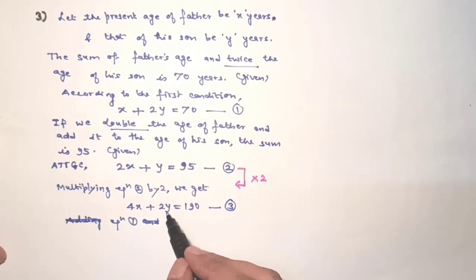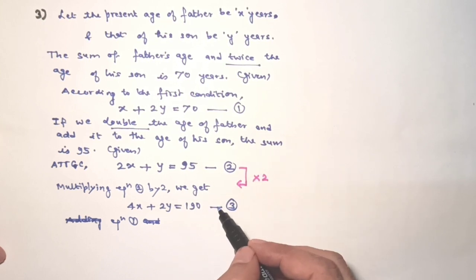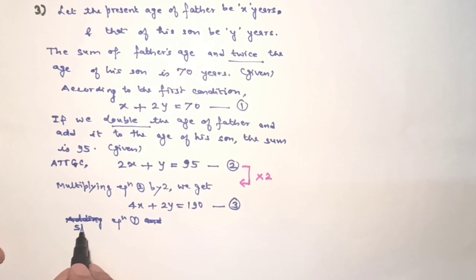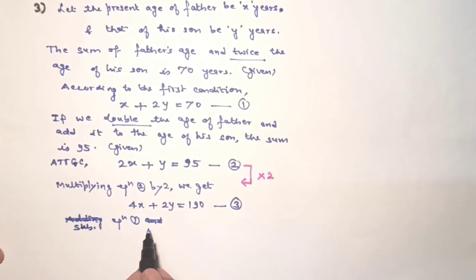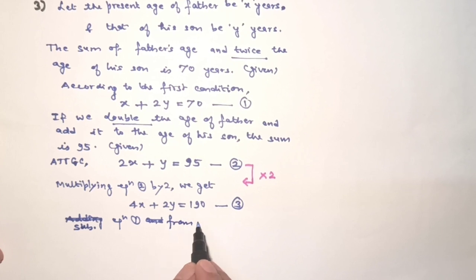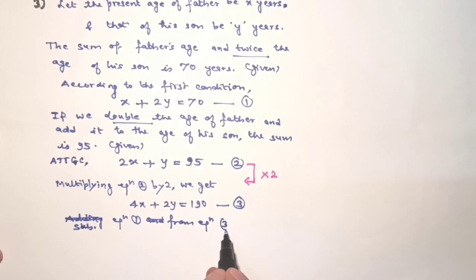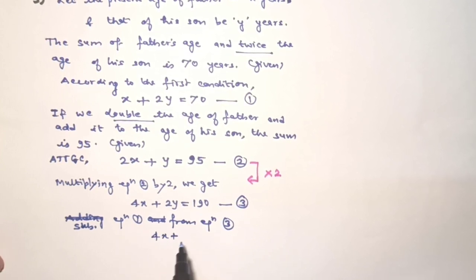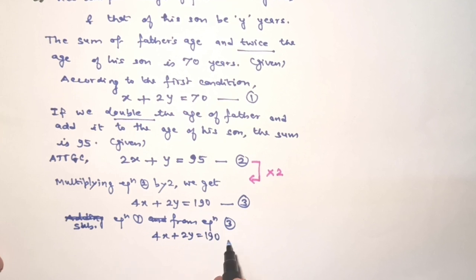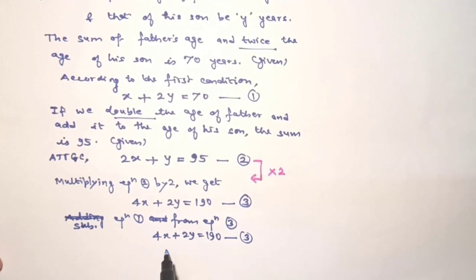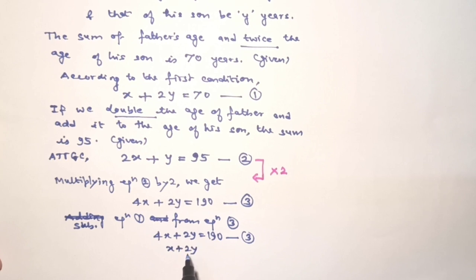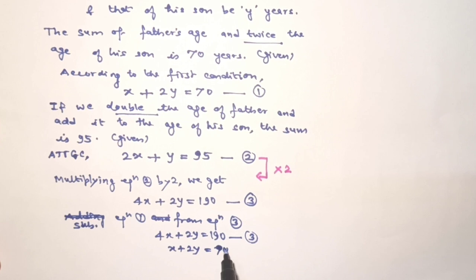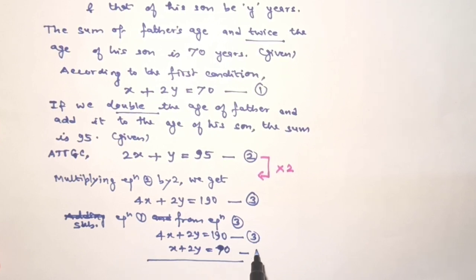Now equation 1 and 3 both have plus sign, plus 2y and plus 2y. So you subtract equation 1 from equation 3. You will get 4x plus 2y is equal to 190, which is third equation, and x plus 2y is equal to 70, which is your first equation.